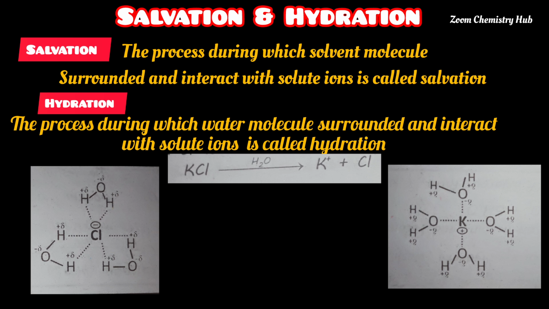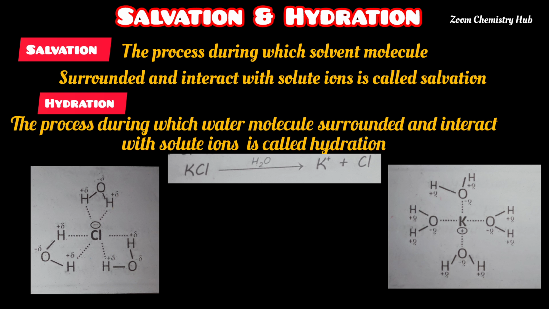In this way, the attractive force between the positive and negative ions of the solute breaks, and they move far apart from each other. So both the positive and negative ions of the solute are surrounded by a sphere of solvent molecules and kept in the dissolved form.